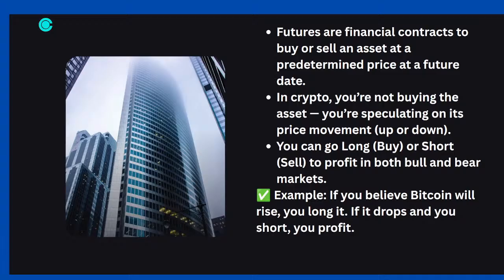In crypto, you are not buying the asset, you are speculating on its price movement, up or down. So you can go long, that is buy, or short, that is sell, to profit in both bull and bear markets. Futures trading is a type of trade that allows you to benefit in both directions, unlike spot trading where you are only waiting for the market to rise for you to benefit.